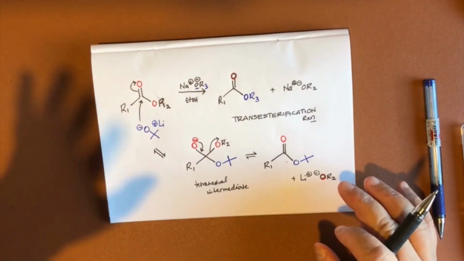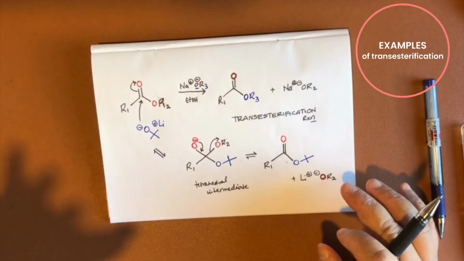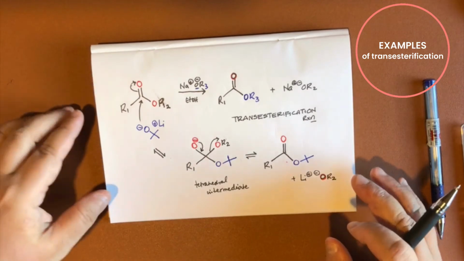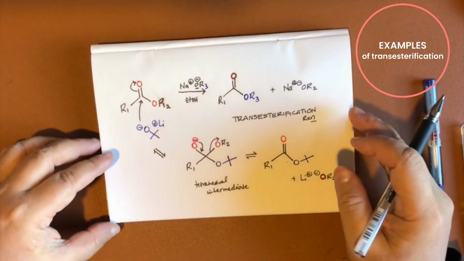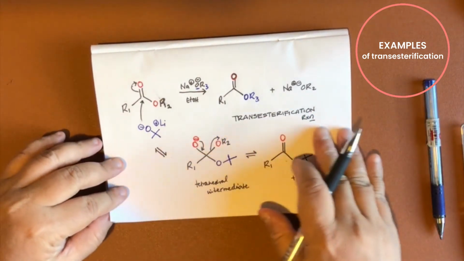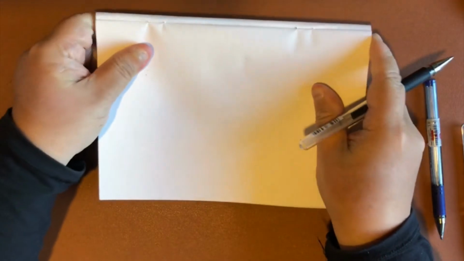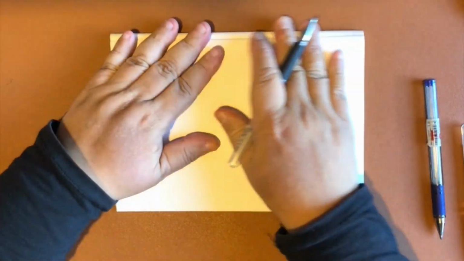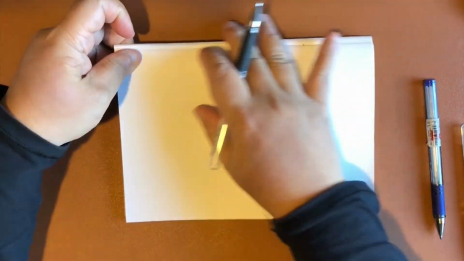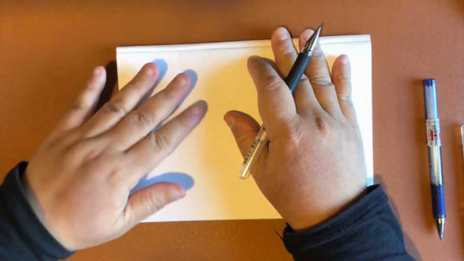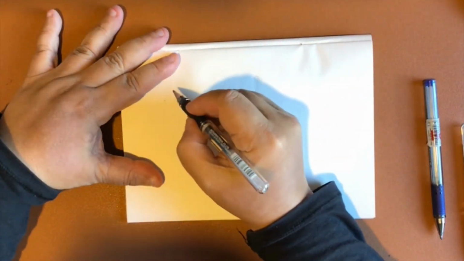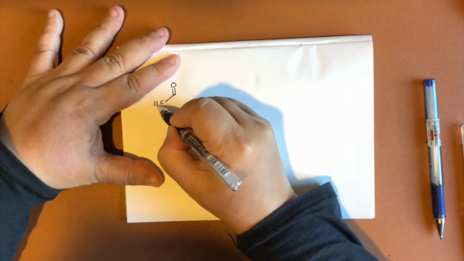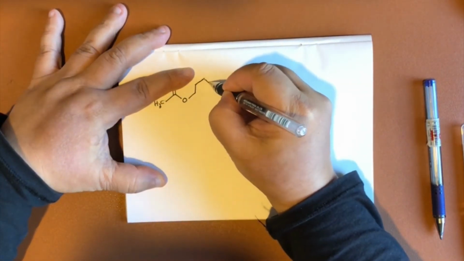Right? Based on this, let me show you a couple of reactions to illustrate this transesterification reaction. For example, if you have an ester, an aromatic ester, so here we have this. Okay, this is an ester.